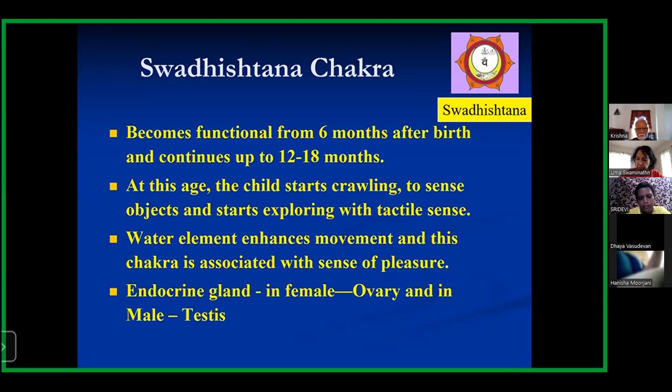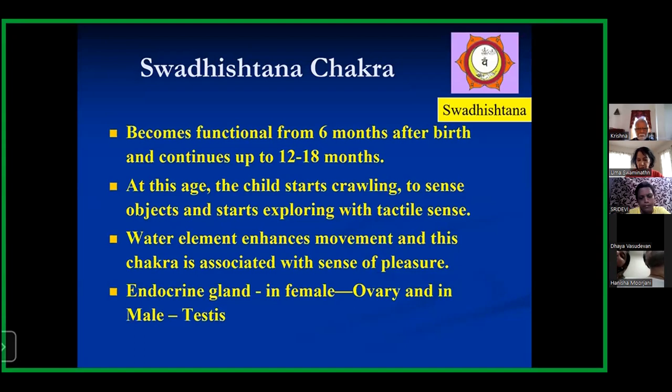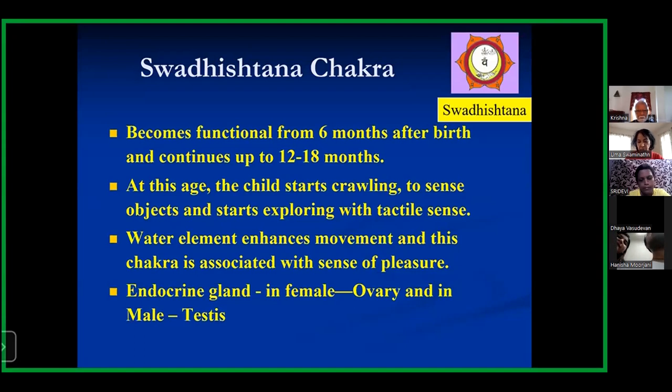Next is Swadhishtana chakra. See, when a seed is sown, the plant develops a root towards the earth, against the gravitational force. The seedling comes out and starts growing against the gravitational force.